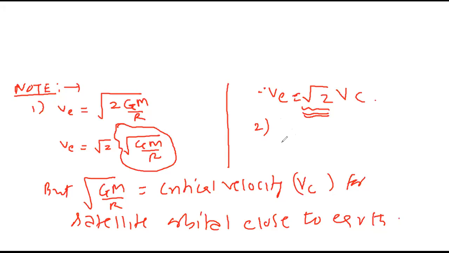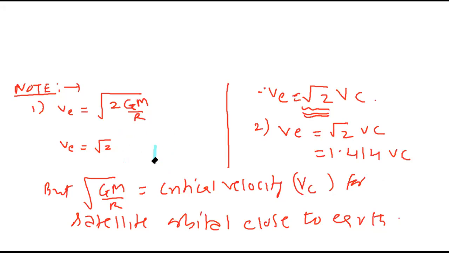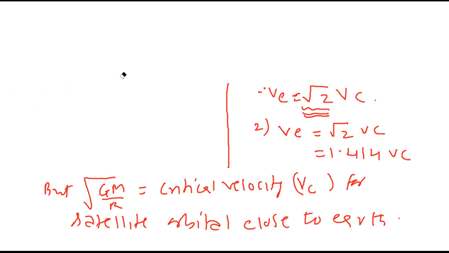If everybody has done the first note, tell me so that I can give the second note. We got ve as root 2 times vc. So can I say it is 1.414 times vc? Because root 2 value is nothing but 1.414. So this 1.414, I am multiplying by 100 and dividing by 100.